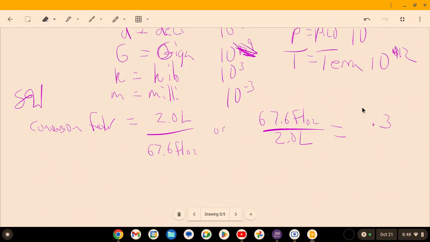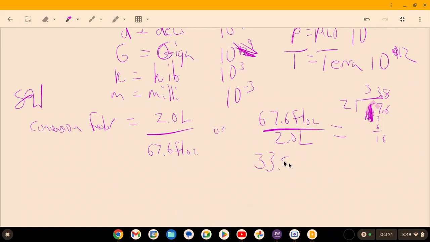Trying to think of what the. Sorry, nope, I got that wrong. I'm just going to do it the long way. Oh, come on. 67.6 divided by 2 is 33.8.